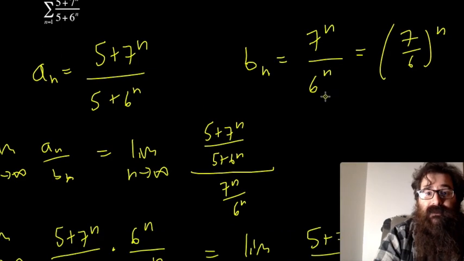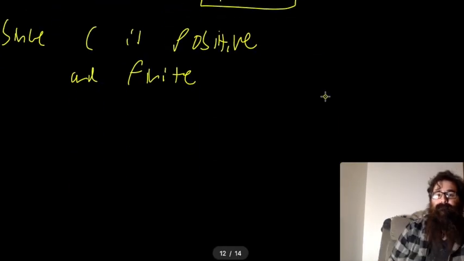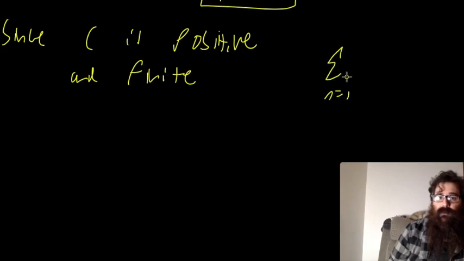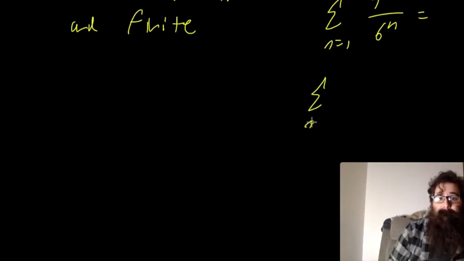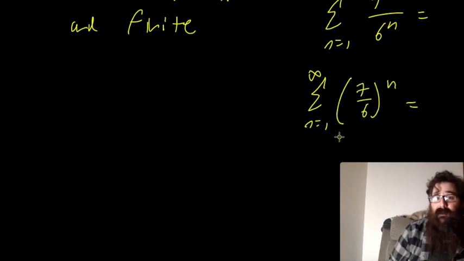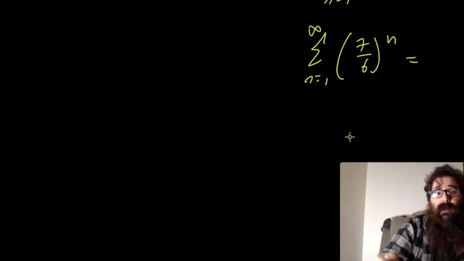But let's look at b sub n. 7 to the n divided by 6 to the n. Sum from n equals 1 to infinity, 7 to the n over 6 to the n, which we said we can write as the sum from n equals 1 to infinity of 7 over 6, all to the power of n, which is a geometric series, and you can probably see if it converges or diverges right away.